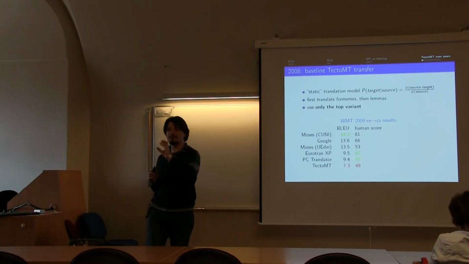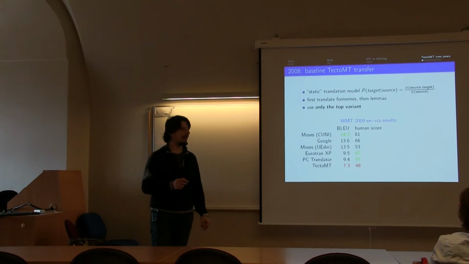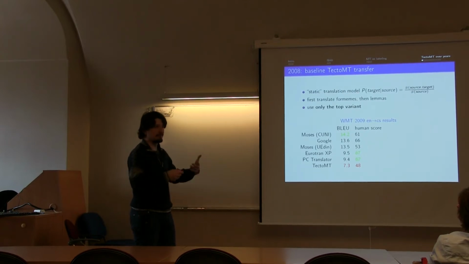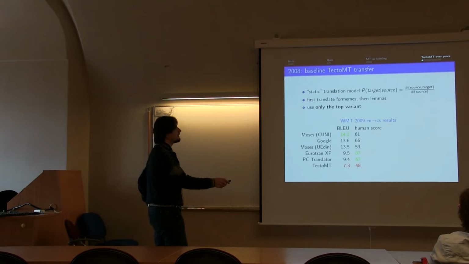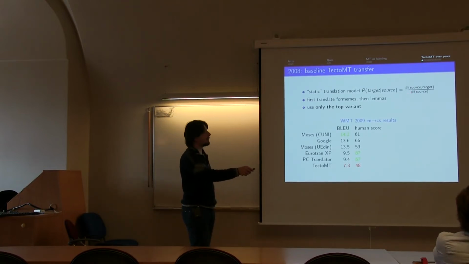So now you ask, what does the baseline look like? The baseline was really naive. We have a translation model, one for lemmas and one for formemes. The principle is the same, and it's just a relative frequency probabilistic model.